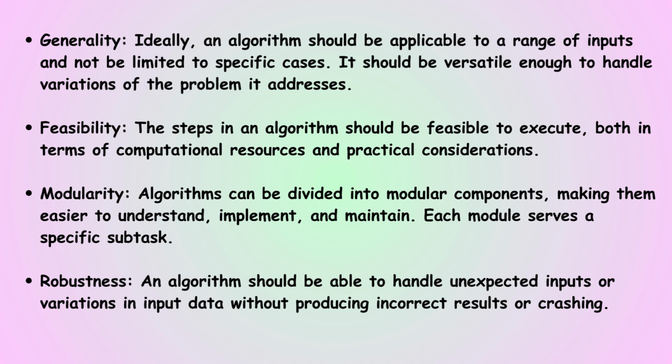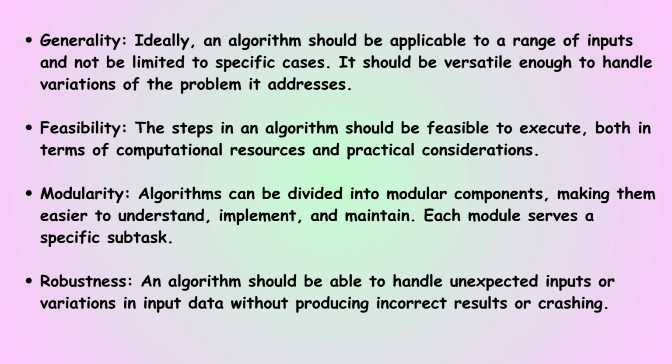Feasibility. The steps in an algorithm should be feasible to execute, both in terms of computational resources and practical considerations. Modularity. Algorithms can be divided into modular components, making them easier to understand, implement, and maintain. Each module serves a specific subtask. Robustness.